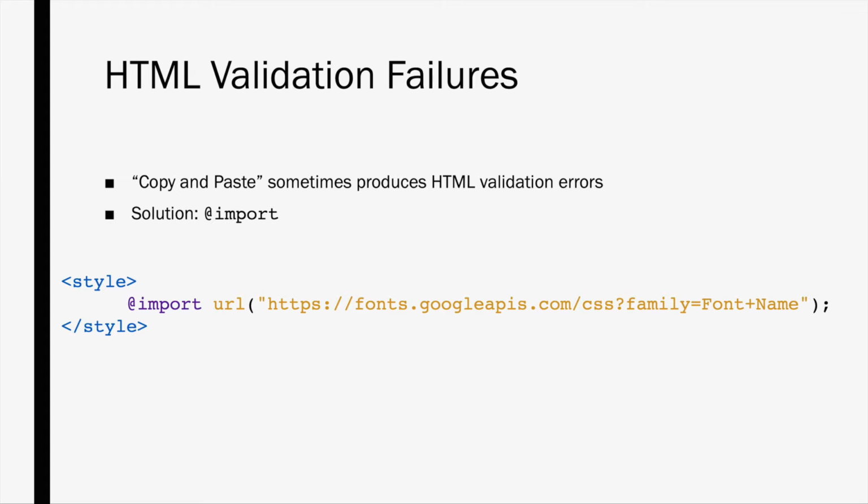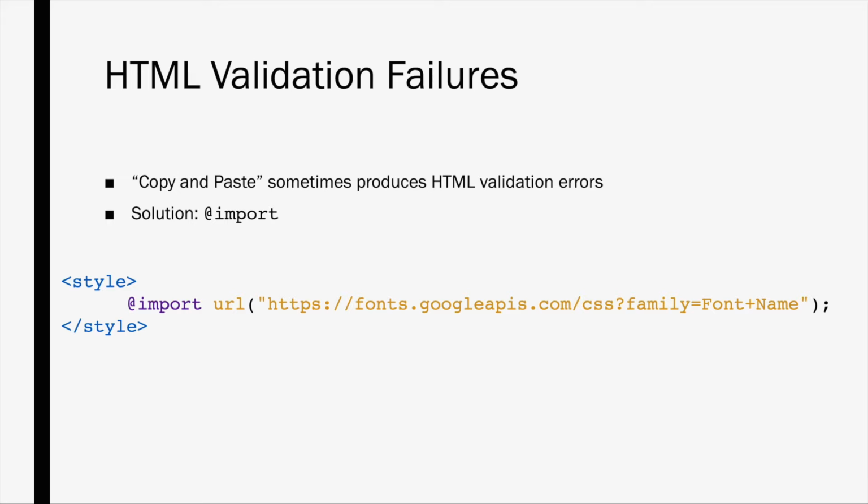However, the copy and paste method sometimes produces HTML validation errors, which is not the best thing, especially if you're wanting to make different websites work with specialized fonts. So the solution is actually an import value.